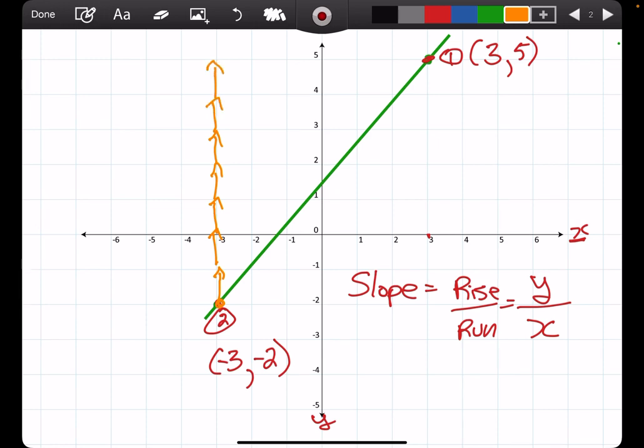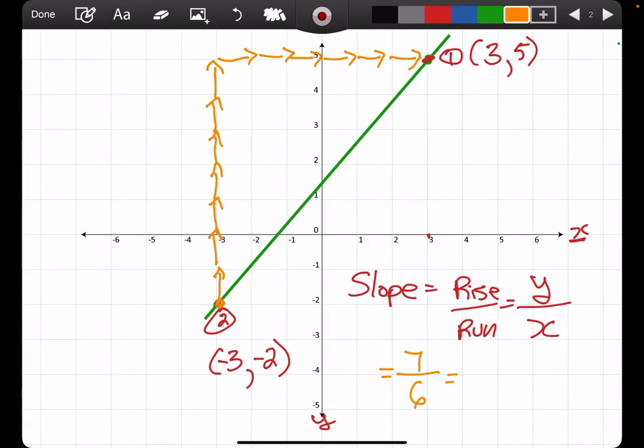The rise in this case is 7 on the y-axis. It's gone up 7 places. And now I'm going to go over to the run. 1, 2, 3, 4, 5, 6. So the rise is 7 and the run is 6.